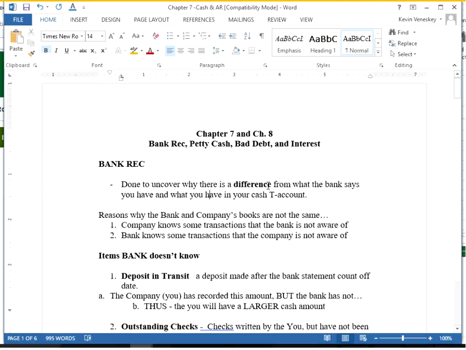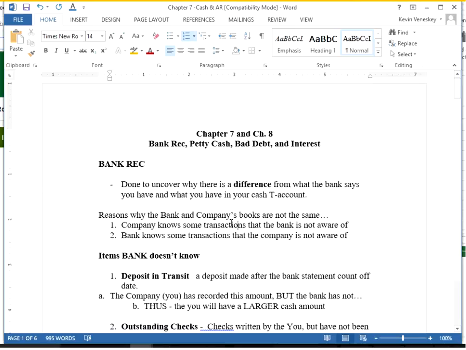So the bank reconciliation, one of the big purposes of it, is to figure out why there is a difference, and usually there is, between what the bank statement says as of a certain date, say December 31, and what our cash T account says at that same date. There's a very good chance that those are going to be two different numbers.